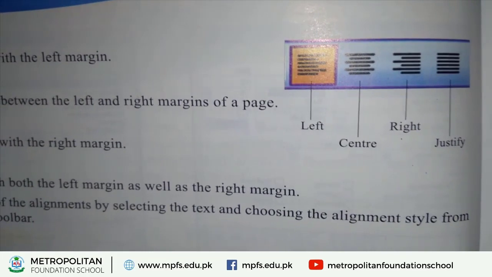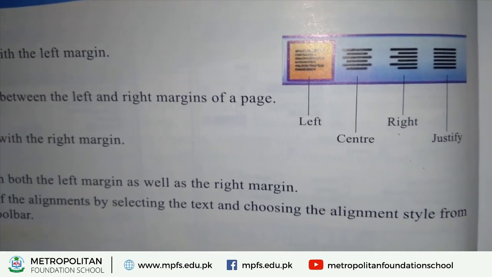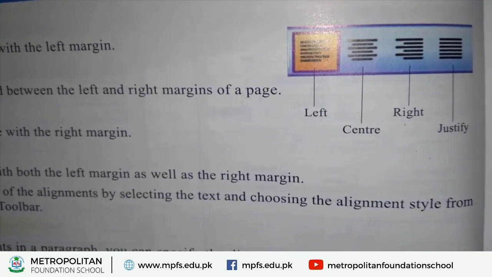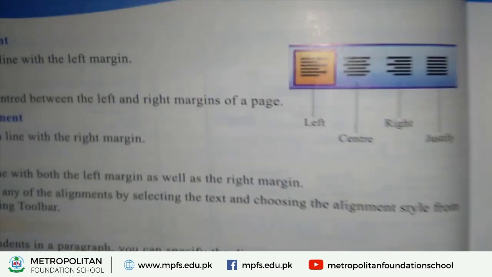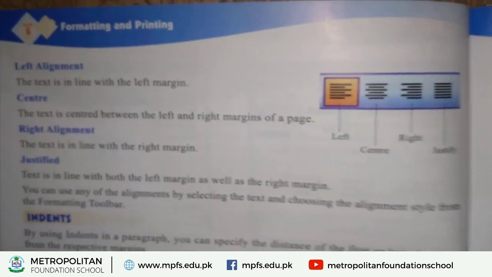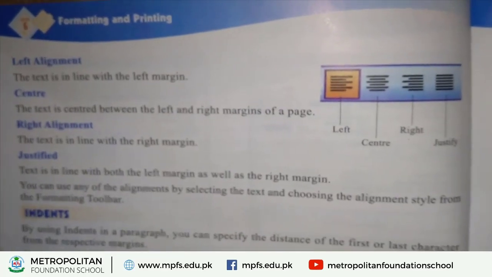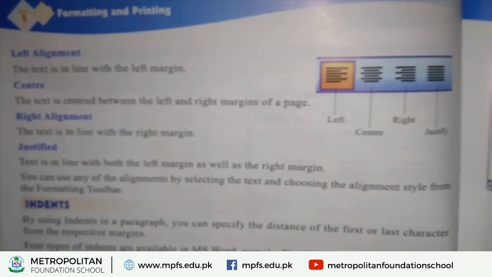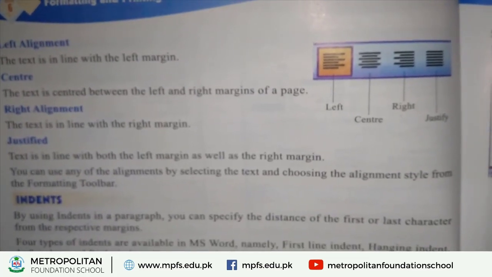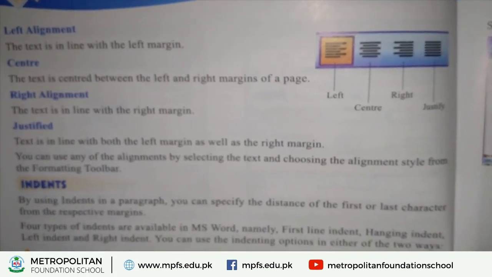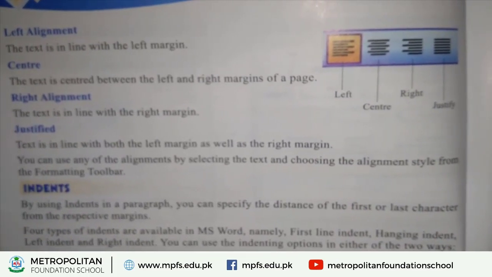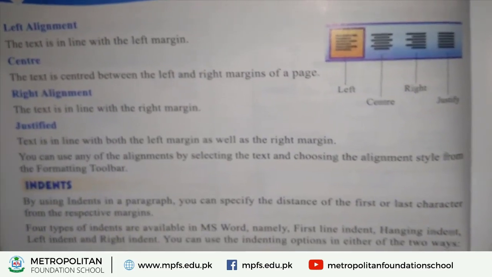See the left alignment, center alignment, right, and justify. Left: the text is in line with the left margin. Center: the text is centered between the left and right margin of the page. Right alignment: the text is in line with the right margin.